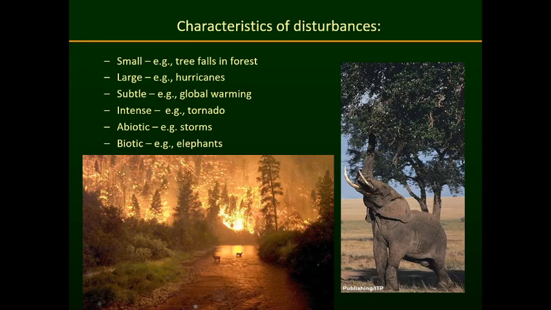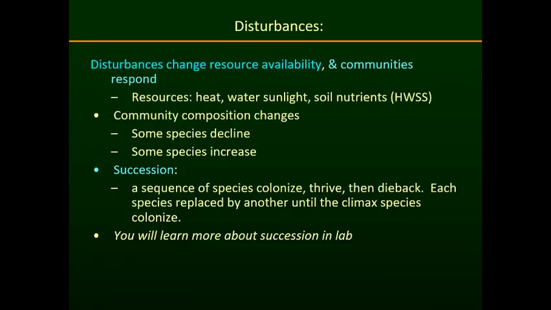Okay, so all this to say that disturbances come in lots of different shapes and sizes and intensities and so forth. The key thing that unifies them, and here's one of your key messages, is that disturbances change the availability of resources in the environment. And that's what we get at here. Do you remember from a couple classes ago, HWSS?